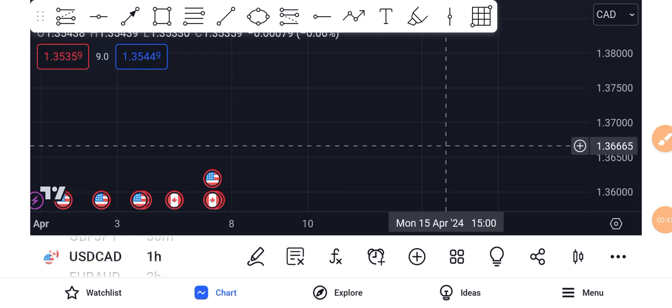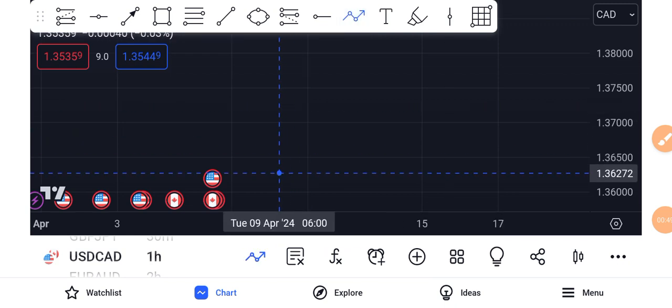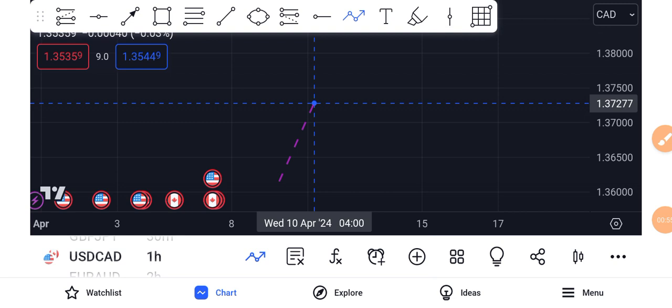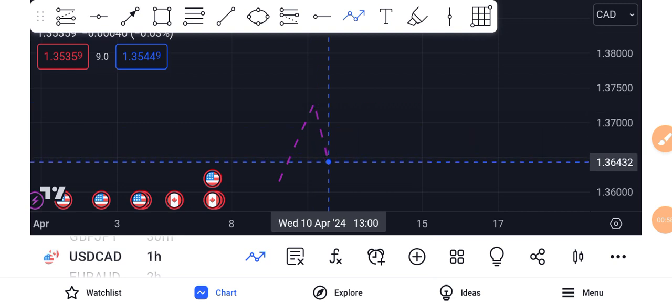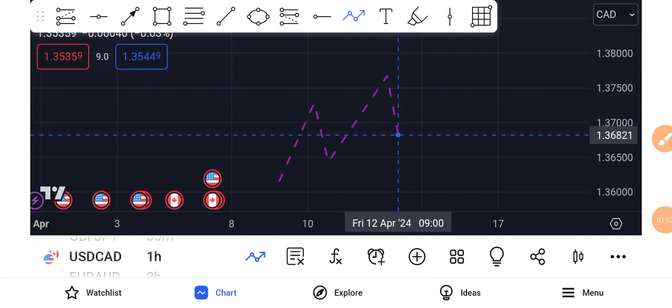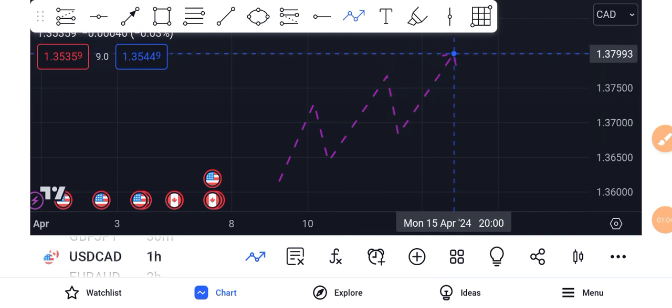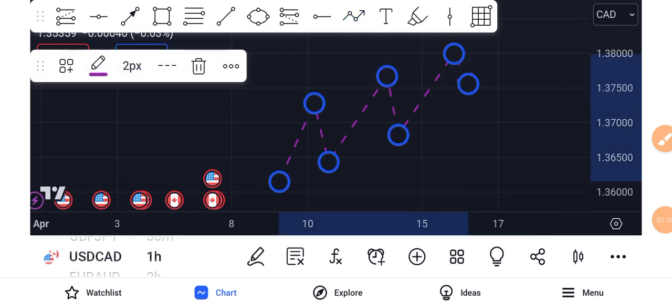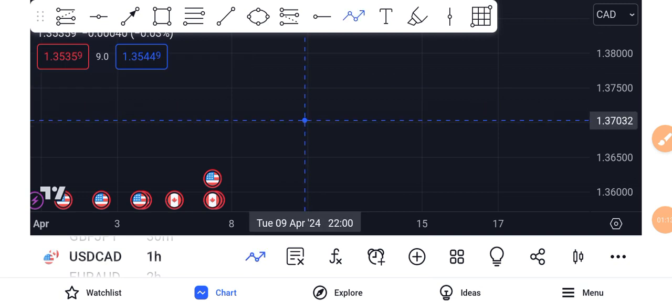You remember when we were talking about market structure, we spoke about an uptrend where we have higher highs, higher lows, higher highs, higher lows. Okay, let's take it again.